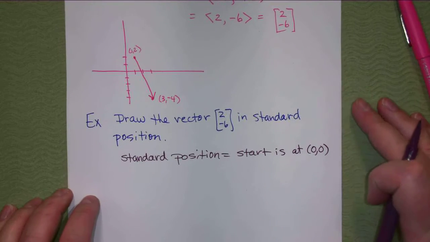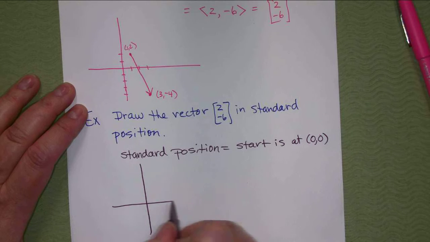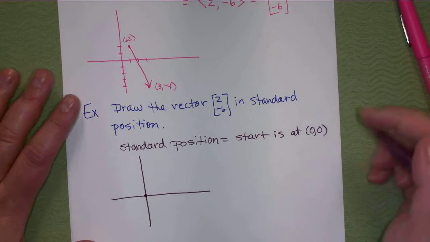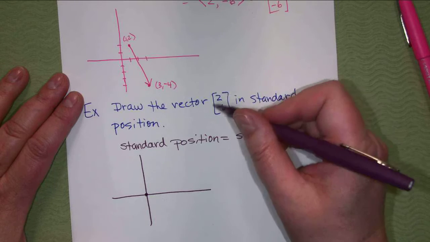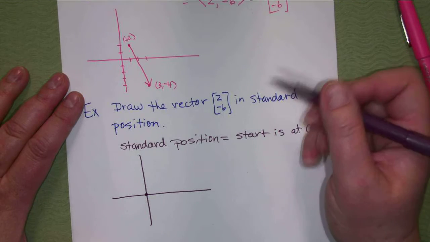So what would we do for that? Yeah, and where would we end? 2, negative 6. It really is. This is saying, this is the direction we're going in. It's really like a slope. It's the rise over run, like that kind of thing.